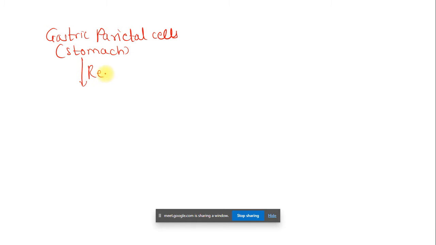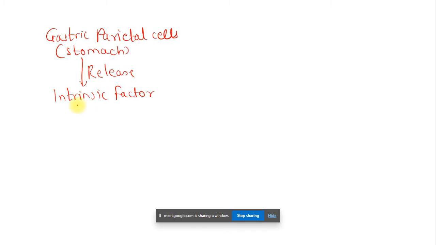Okay, so gastric parietal cells. Where are they present? In the stomach. Okay, so these gastric parietal cells release intrinsic factor. So they are responsible for the production of intrinsic factor and its release.